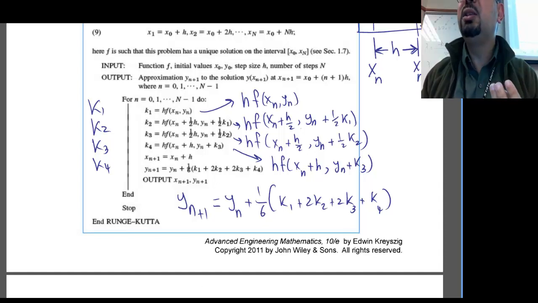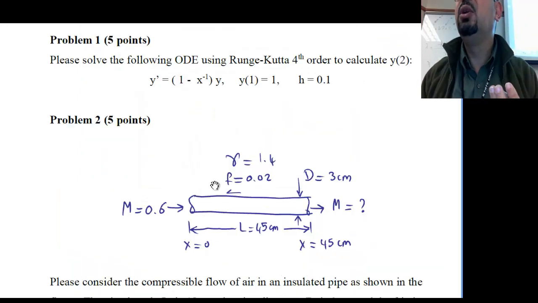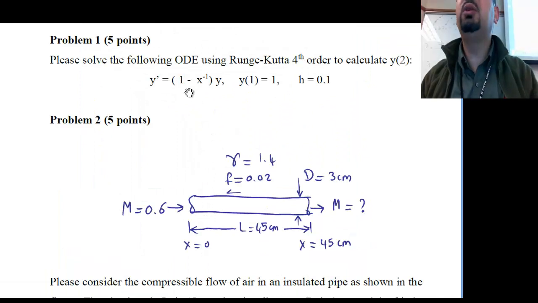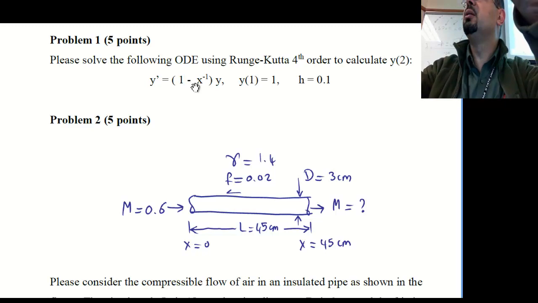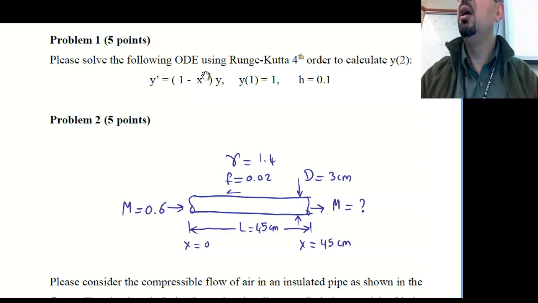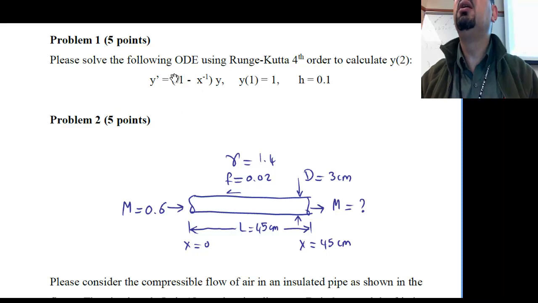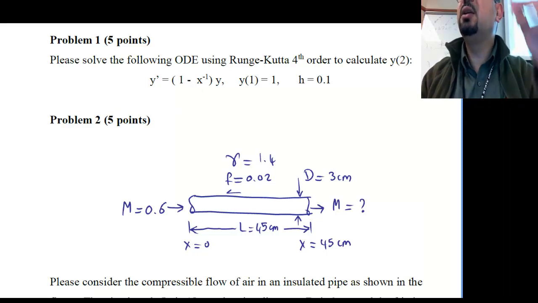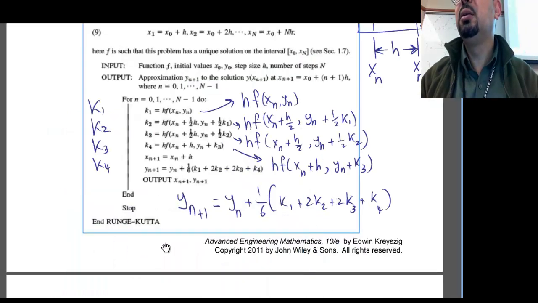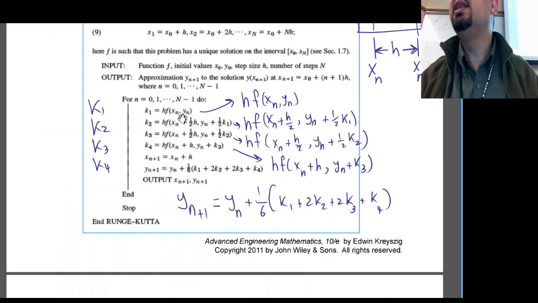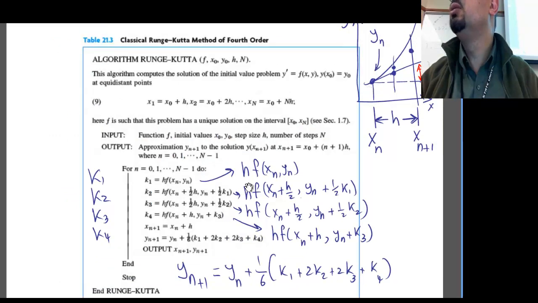In order to evaluate this function, or find its value, what do I need? I need the x and the y. I need to plug the x and the y in it and figure out what this number is. Is it 0.1, 0.5, 0.73? What are the x and y that I'm using? For k1, it's xn and yn, the initial value. At the end, it's xn plus h, of course, because it's at the end.